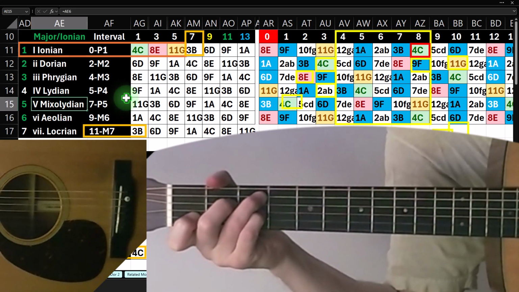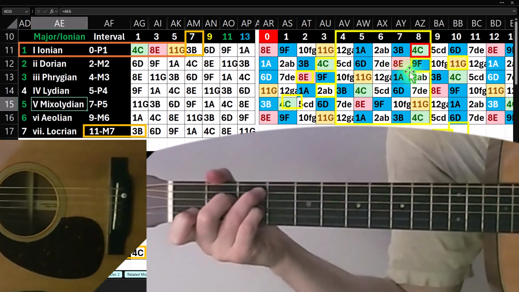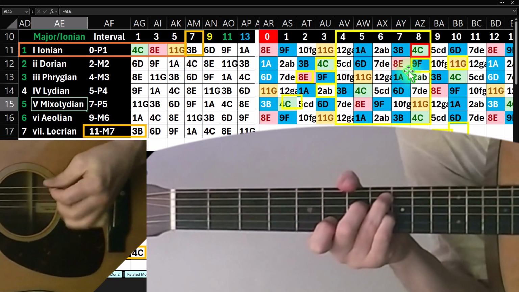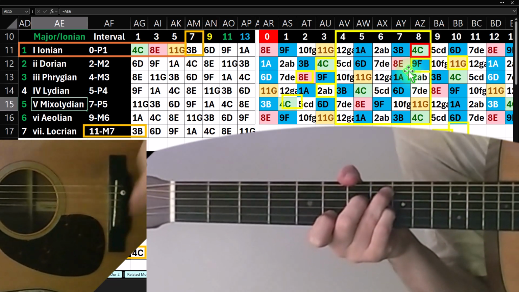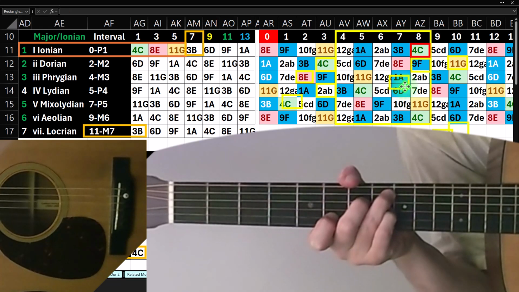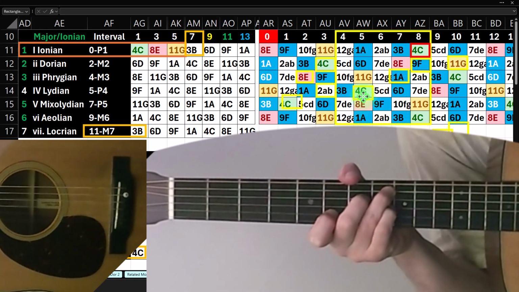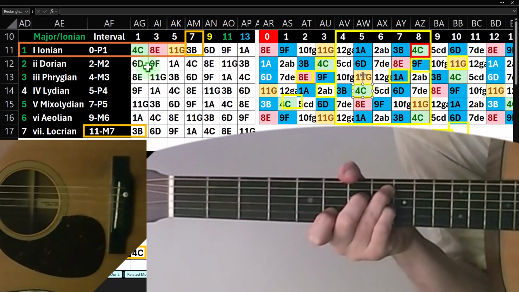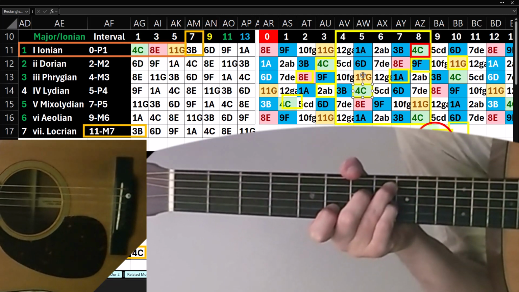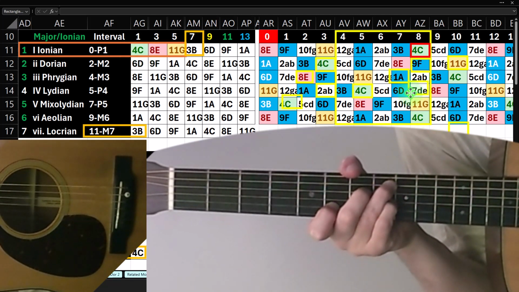And then when I go to the F, I'm going to do in essence the same thing, right? So the F would be up here. So once again, the whole F shape, if it was this C-shaped F, would fit in my C major scale. But I'm adding then once again the flat 7.